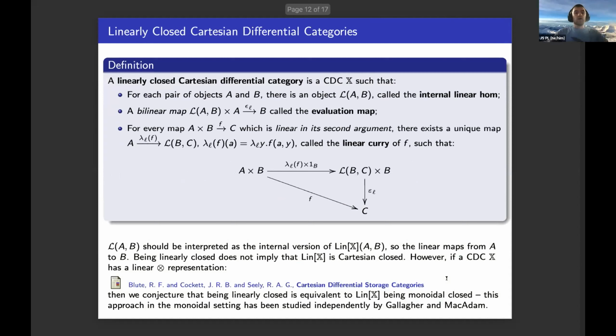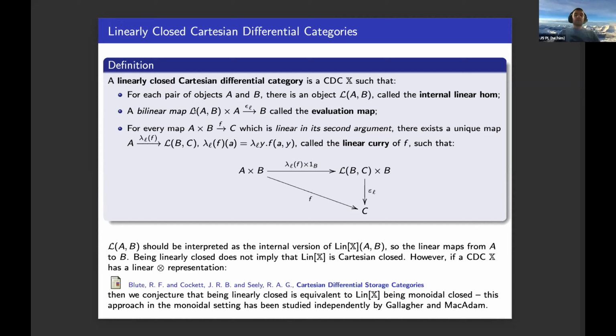So now, with all this set, I can introduce the main definition of my paper, which is a linearly closed Cartesian differential category, which is a CDC such that for every objects A and B, there is an object L(A,B) called the internal linear Hom. There's a bilinear map from L(A,B) × A to B called the evaluation map.